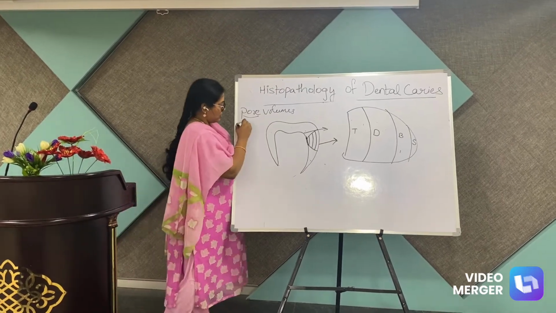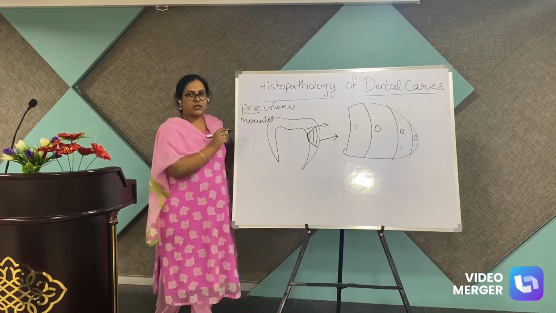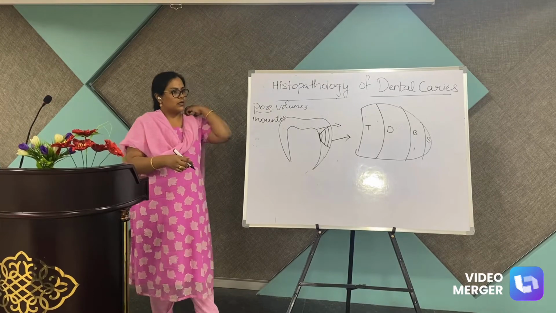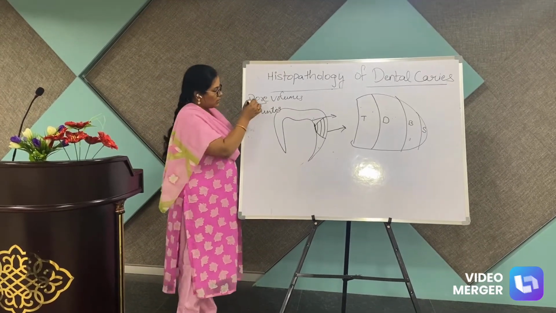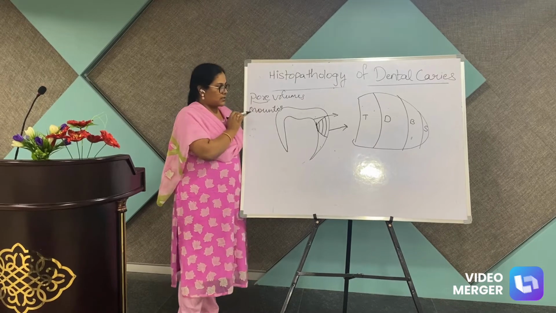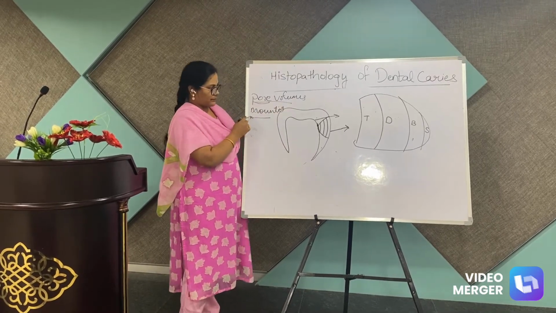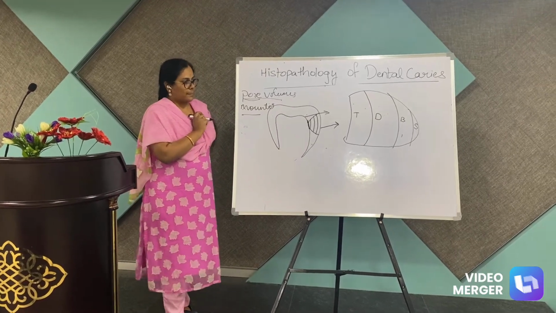So on which medium, and how they are observed under the microscope, whether it is transmission microscope or polarized light, how the structures were observed. Considering these two aspects, the pore volume as well as the mounting medium, those four zones were demonstrated.